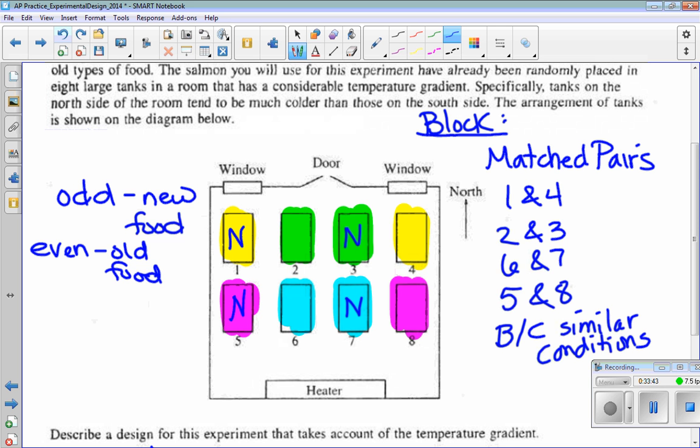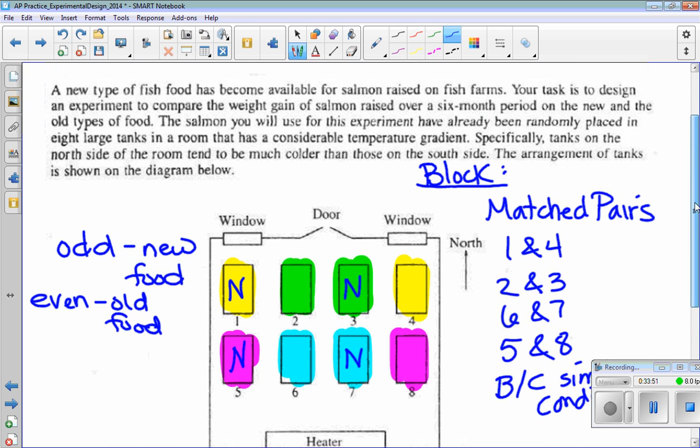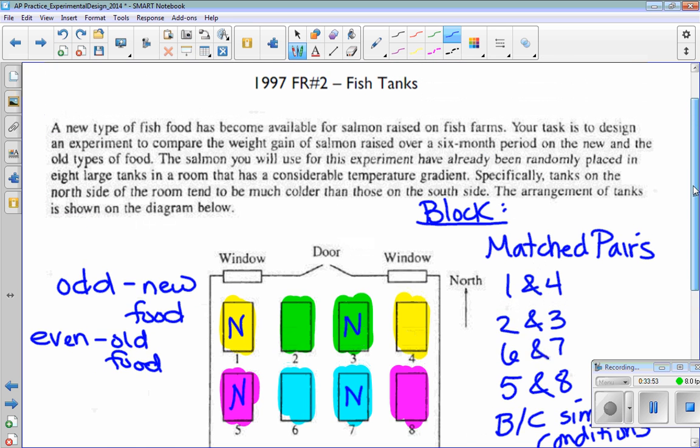Change the fish, see which one tastes better? Yeah. I understand. Does it say what we're looking for the response variable to be? Let's see. The weight gain. So we have to mention that. Your response variable must be mentioned in your conclusion. Okay? So the response variable is weight gain.